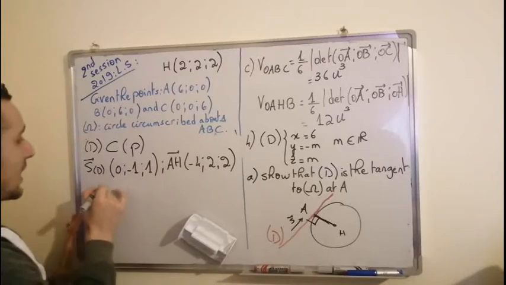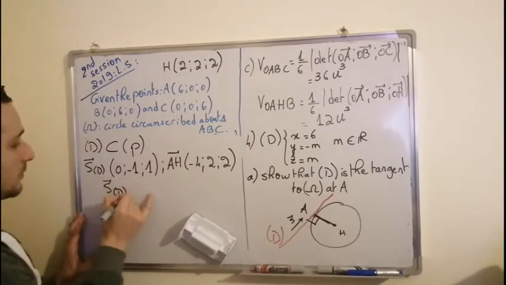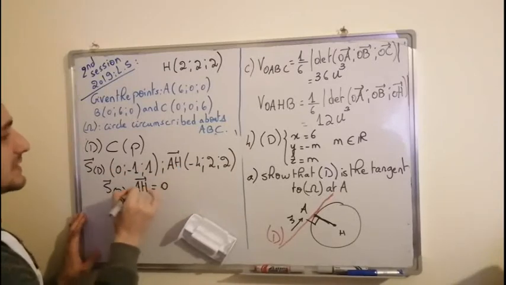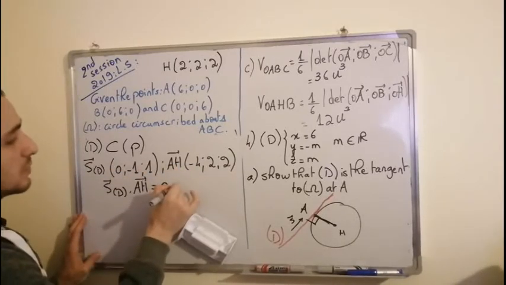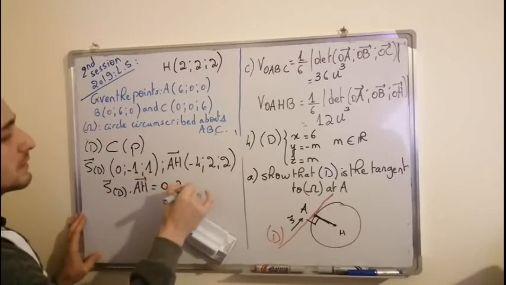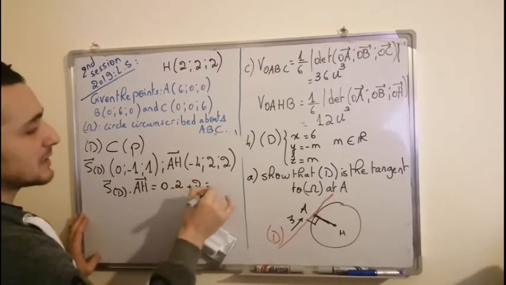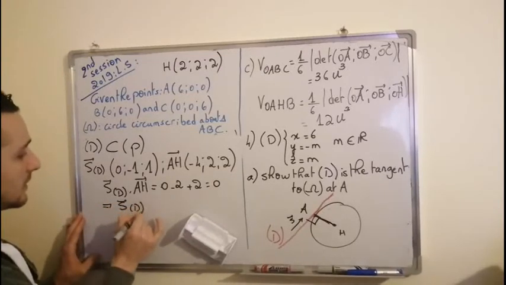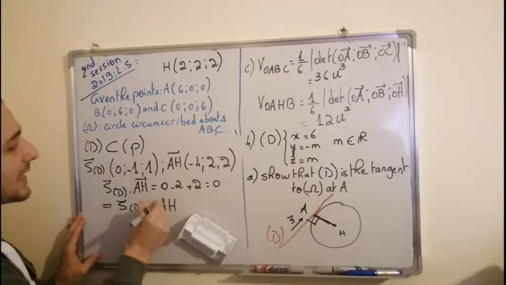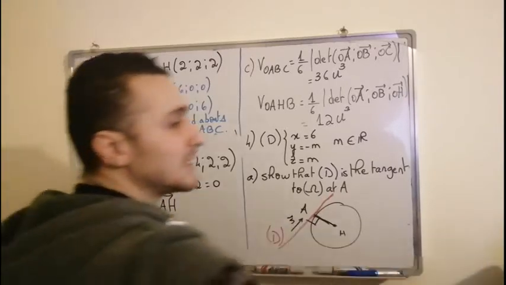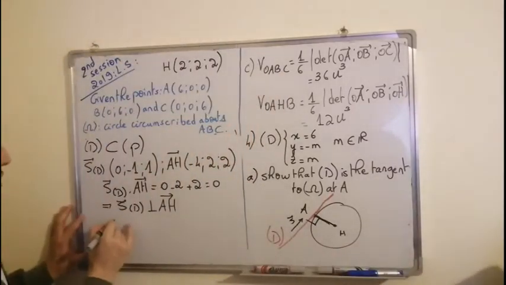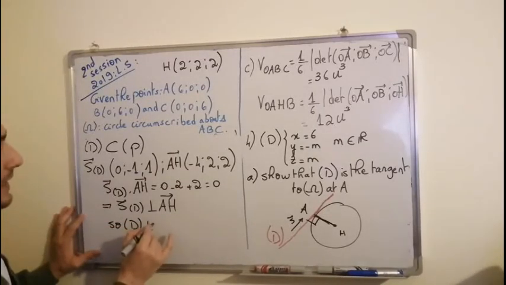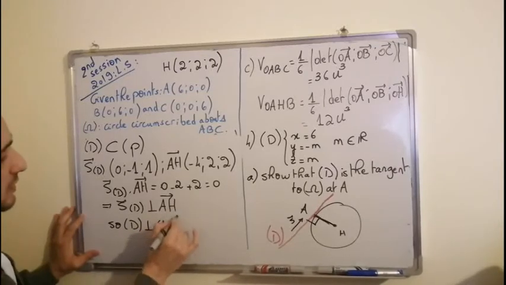We calculate the scalar product between these two vectors: 0 times minus 4 is 0, minus 1 times 2 is minus 2, plus 1 times 2 is 2, so it's equal to 0. Then SD is orthogonal to the vector AH, so line D is perpendicular to the line AH.